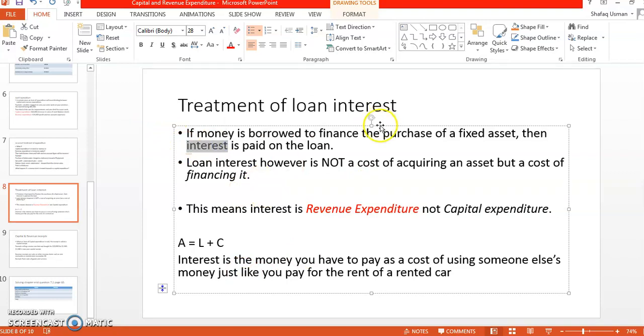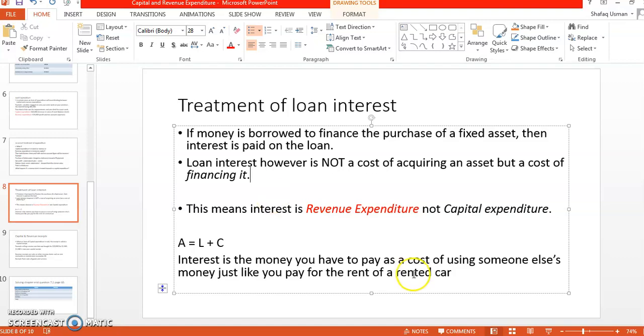Now, loan interest, however, is not a cost of acquiring an asset. When you pay the interest, are you actually buying an asset? No, but it is a cost of financing it. So the interest that you pay, the additional money you are paying on your borrowed money, because from that money you are buying a car, that additional money is not your capital expenditure.